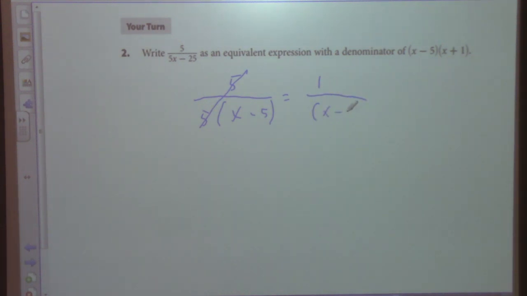And what do we have to do to bring this up to speed? We have to multiply numerator and denominator by the same thing. And so now, what do we have left? We have x plus 1 over x minus 5 times x plus 1. Okay, so that'll be our answer. And of course, our excluded values will be 5 and negative 1, okay?